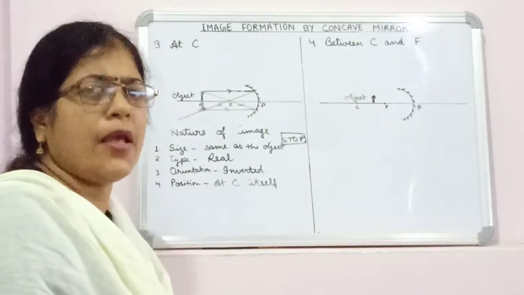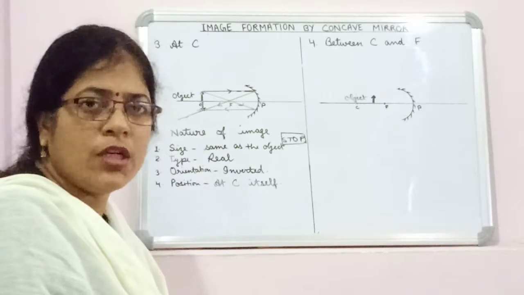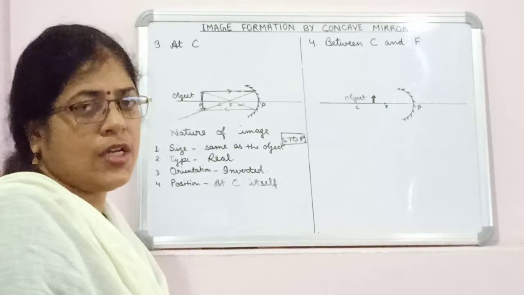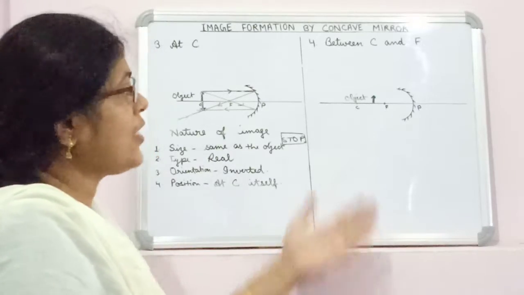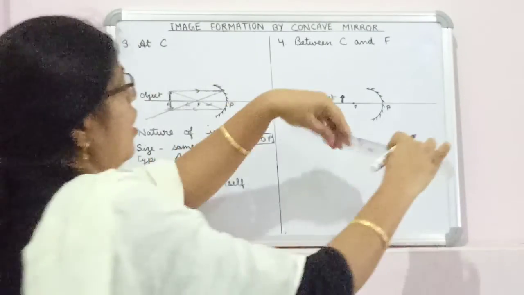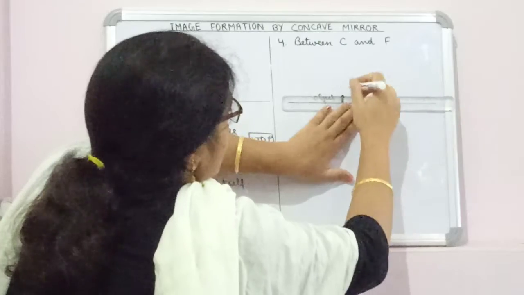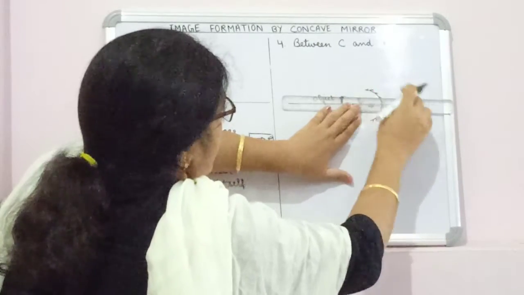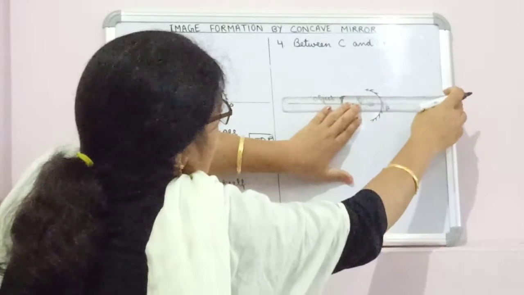Again, we will do the same thing. We choose any two special rays out of the four, and after the intersection of the reflected rays, we get the image. We'll apply the first one, the more frequently used special ray in this case.